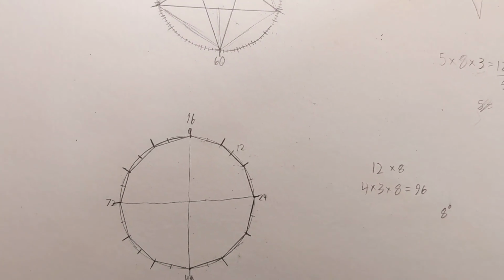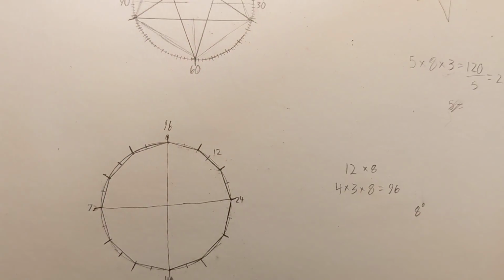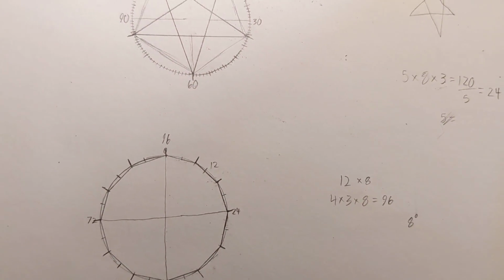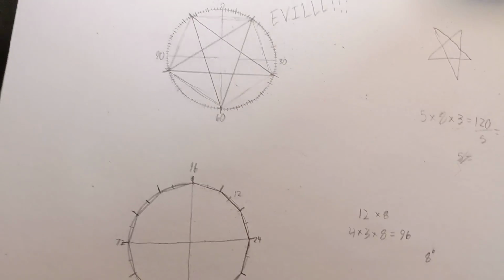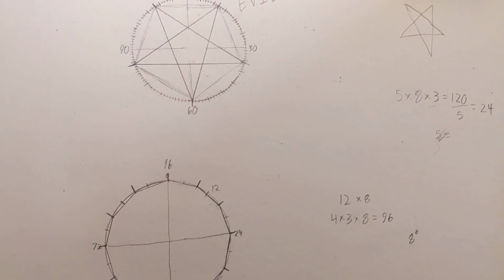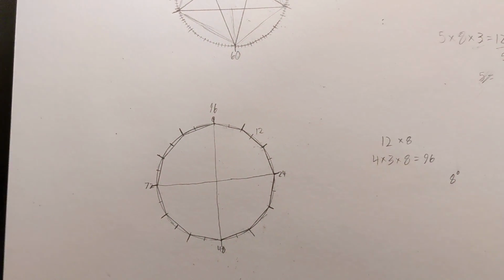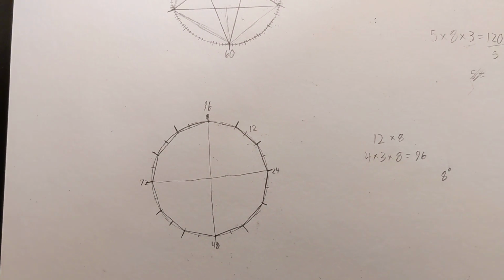I guess I don't really know what else to tell you. Now, the reason you would probably want to do this rather than just using 360 is in the case you're working with a really odd number.